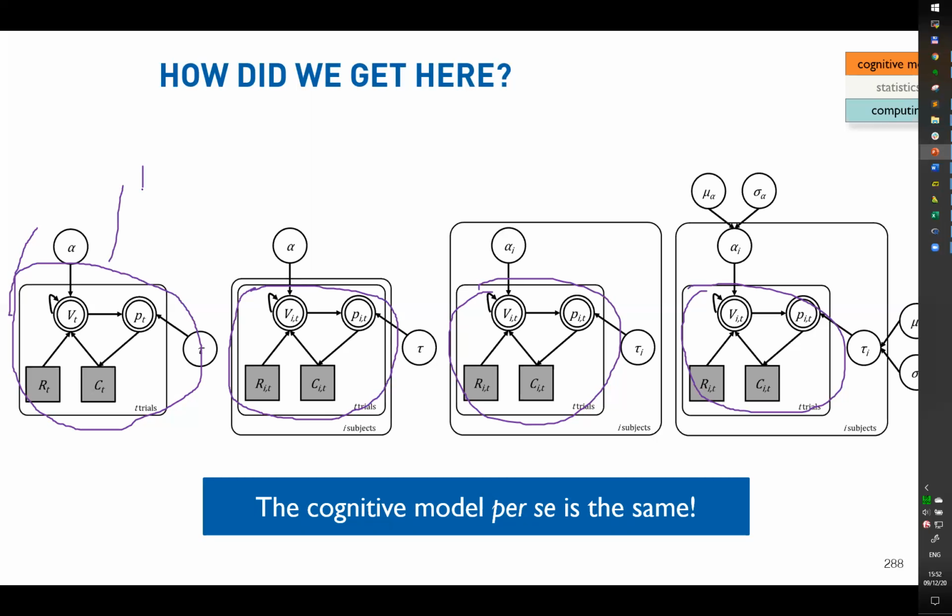So here in this one, this is the Rescorla-Wagner value updates. So the Rescorla-Wagner value update part, it is always there and it is always the same. It is identical across all of these four illustrations. So here what I say is the cognitive model, in this case Rescorla-Wagner per se, it is the same and identical. What is different?